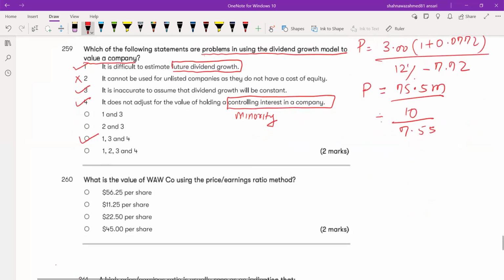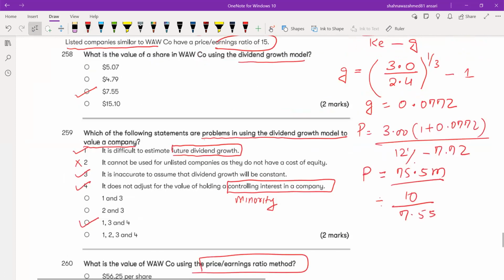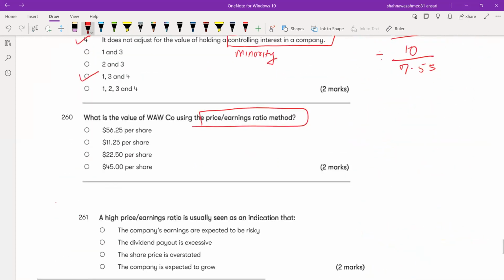So the answer is 3. What is the value of WAW Co using the price earning ratio method? Now, it's an unlisted company, so we need a similar listed company's PE ratio, which is given as 15 times. To calculate the price using the PE ratio method, it's EPS times the price to earning ratio.